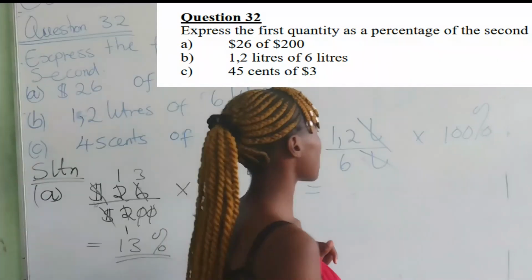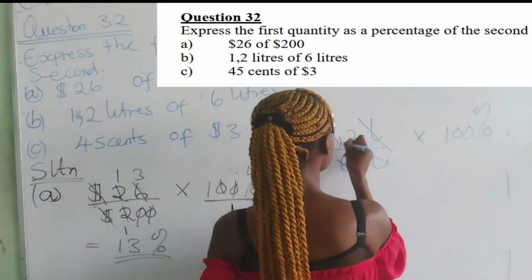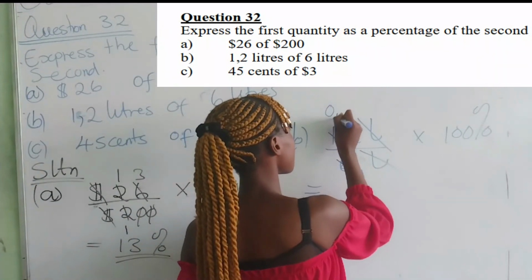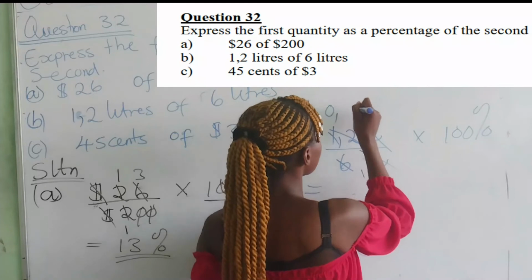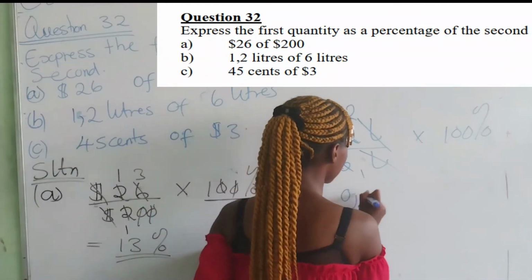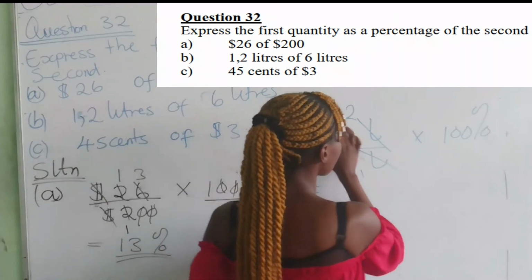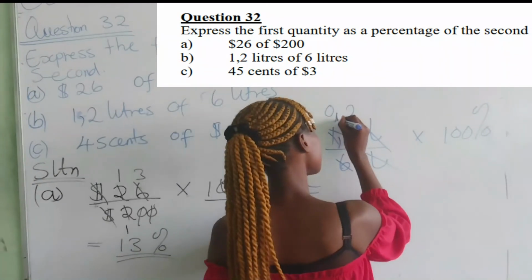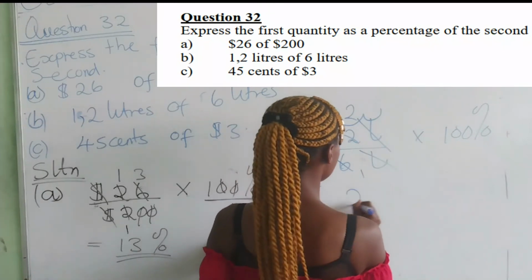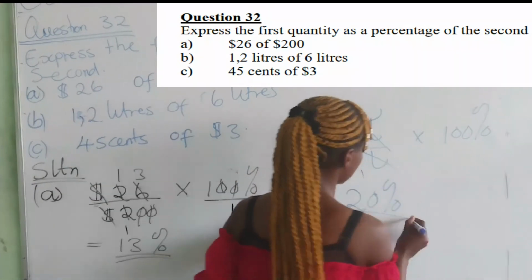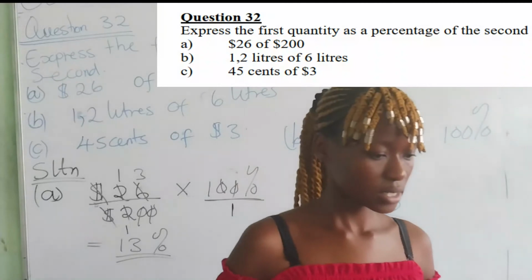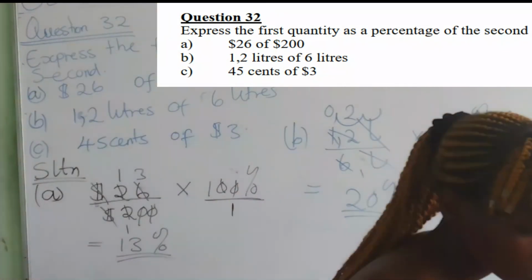This cancels out each other. 6 into 1 is 0, 6 into 12 is 2. That's 0.2 times 100%. When I change our decimal place, it is going to be 20%. Simple as that, guys.